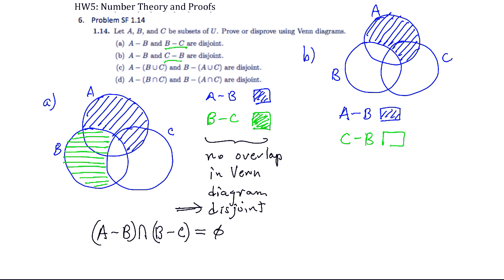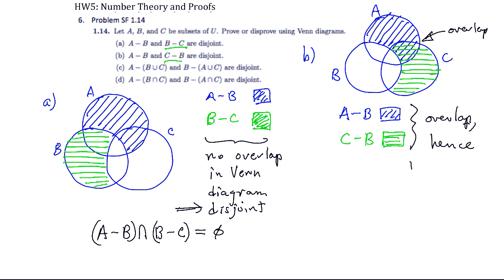And let me take this, and it's everything in C that's not in B. And now we're immediately seeing that there is an overlap. Okay, and so there is an overlap, and hence not disjoint.